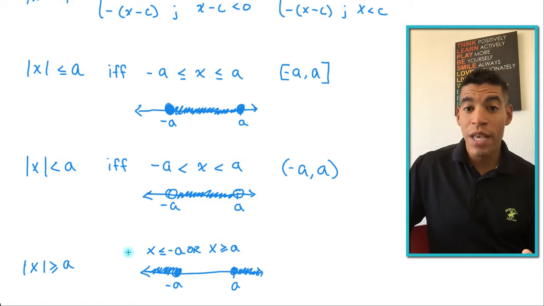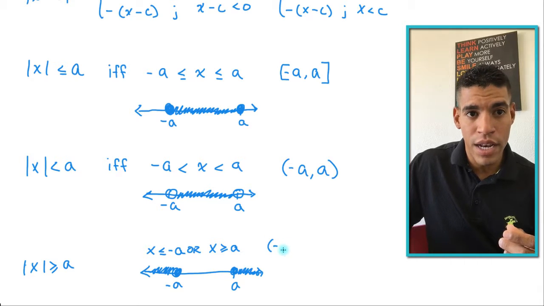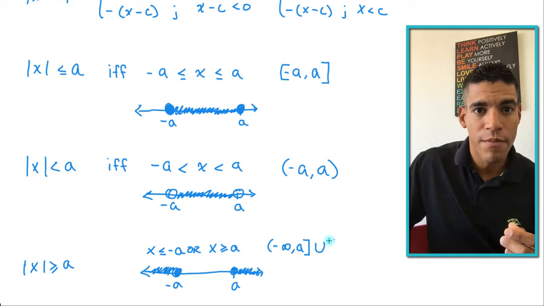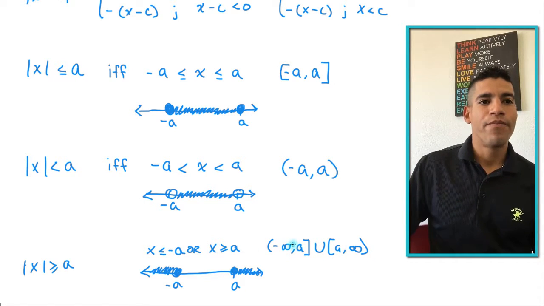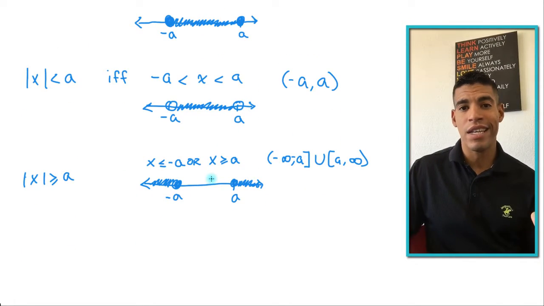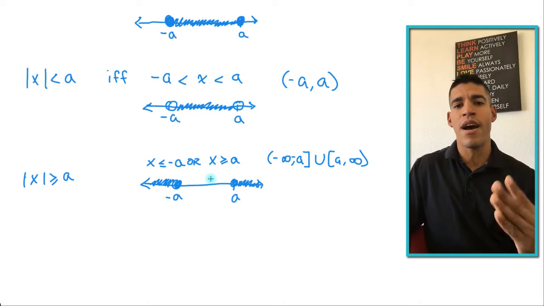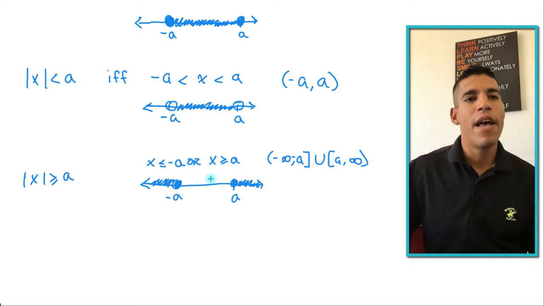Okay? What will be the interval notation for this? It will be from minus infinity to minus a included, union a to infinity. Okay? Now, I know this video is going to be long and tedious because I have to explain all of this to really grasp the idea of the definition of limits. So bear with me, okay?